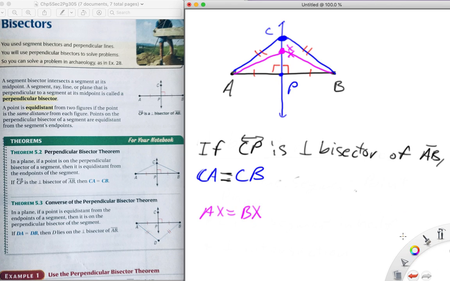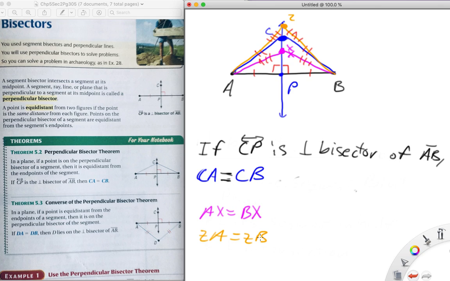Or if I had a point higher, point Z, and I draw segments from there, then I can also say that ZA is equal to ZB.